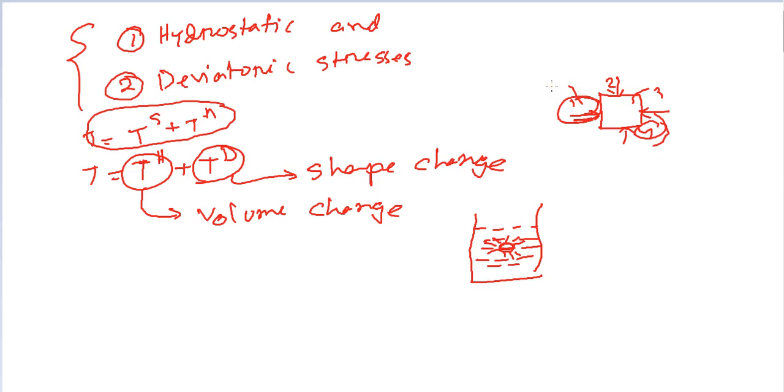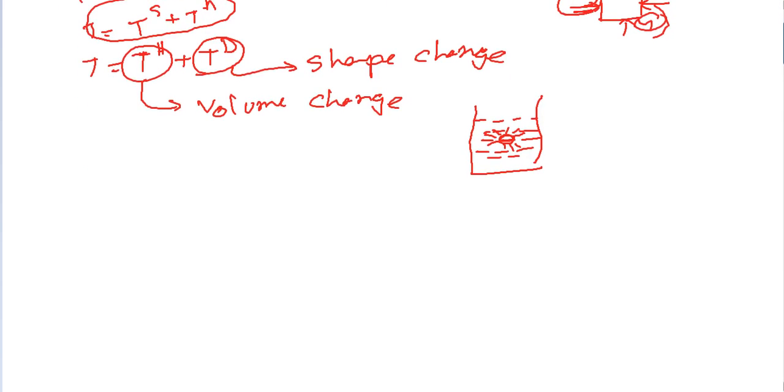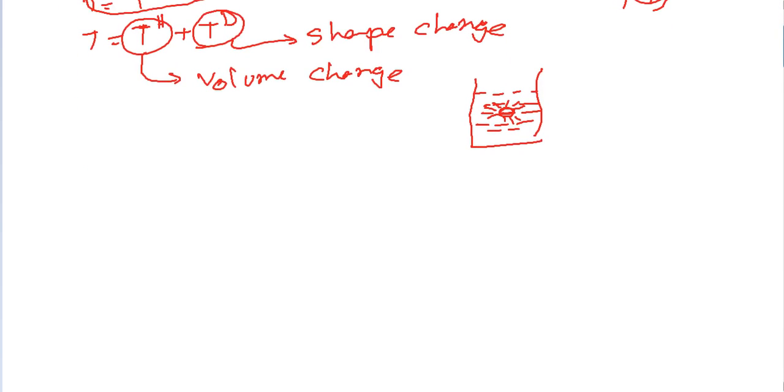So what is hydrostatic stress? Hydrostatic stress is simply the average of the three normal stress components of any stress tensor. Say for example, T is a stress tensor, and its components are sigma 11, sigma 12, sigma 13, or sigma xx, sigma xy, sigma xz. This doesn't matter at all.